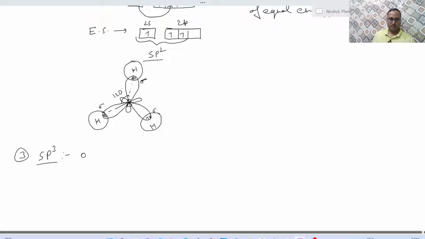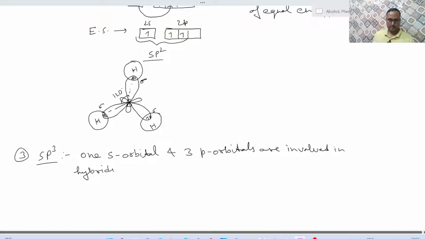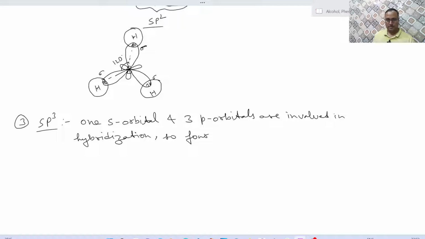As the name suggests, one s orbital and three p orbitals are involved in hybridization, leading to the formation of four new hybrid orbitals of equal energy and shape.